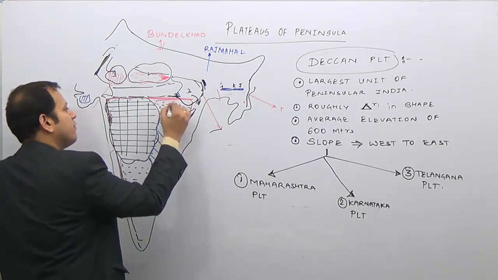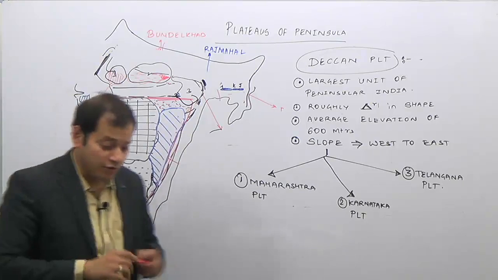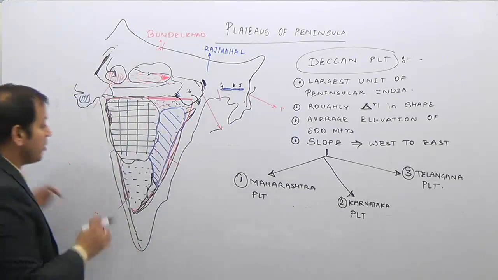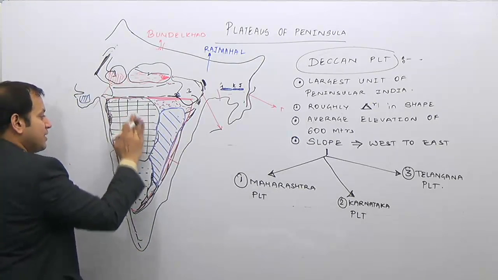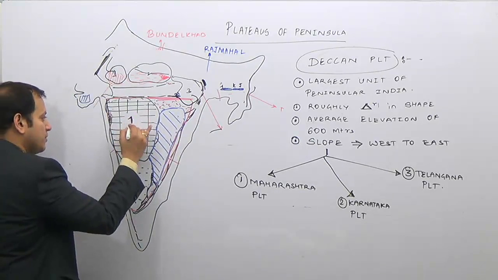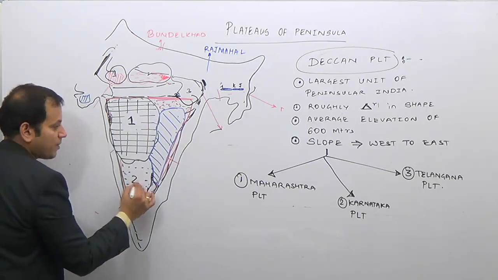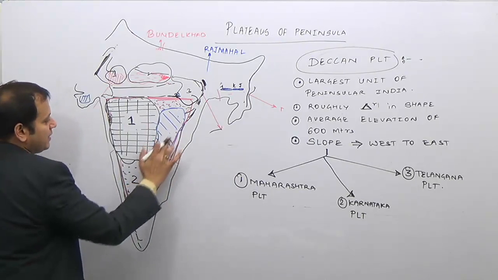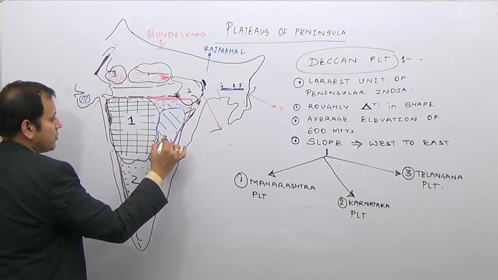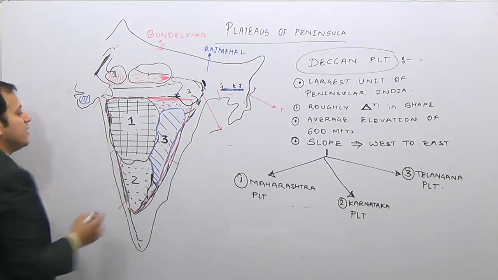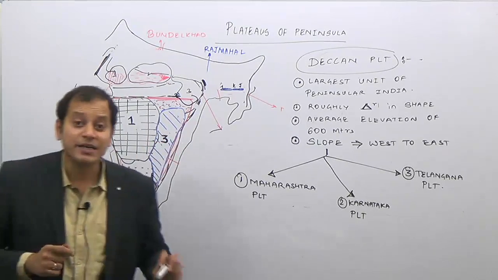Again, not very important from the exam point of view, but what is important is the Maharashtra Plateau region, the Karnataka Plateau region, and the third is the Telangana Plateau region. So the Deccan Plateau is further divided into three types.